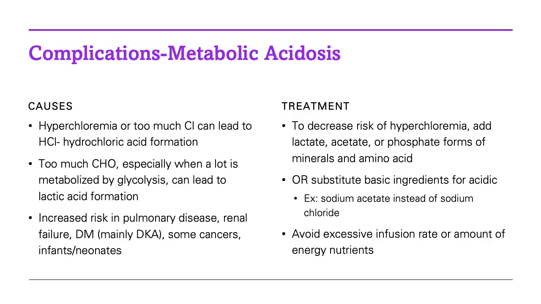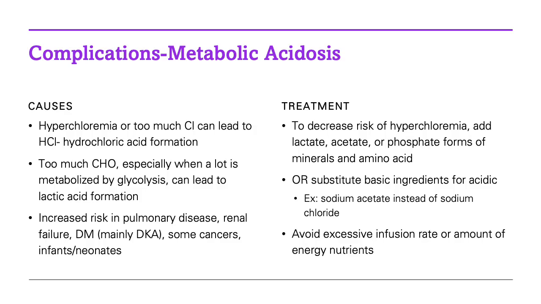Causes of metabolic acidosis include hyperchloremia, or too much chloride, which can lead to hydrochloric acid formation. Too much carbohydrate, especially when a lot is being metabolized by glycolysis, can lead to lactic acid formation. There's also an increased risk in pulmonary disease, renal failure, diabetes, particularly diabetic ketoacidosis, certain cancers, and in the infant and neonate population.